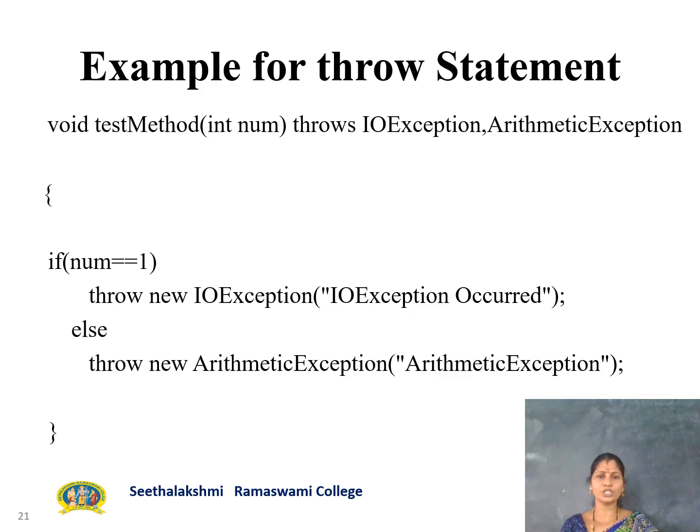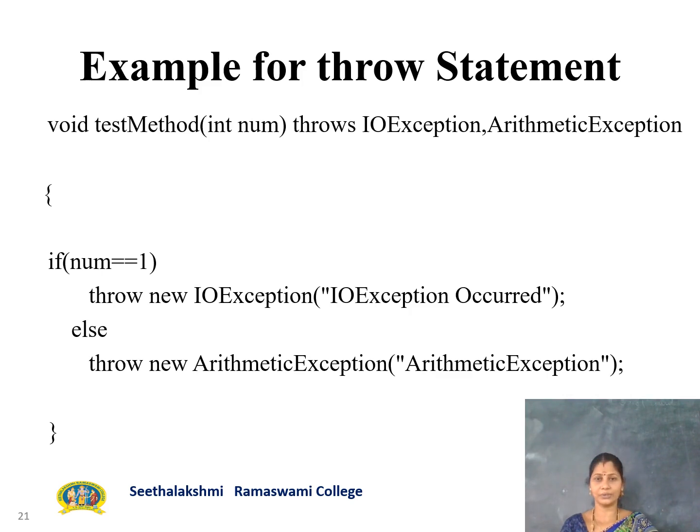Example for the throw statement: void test method int num throws IOException, ArithmeticException. So what is the actual meaning of throws IOException, ArithmeticException?